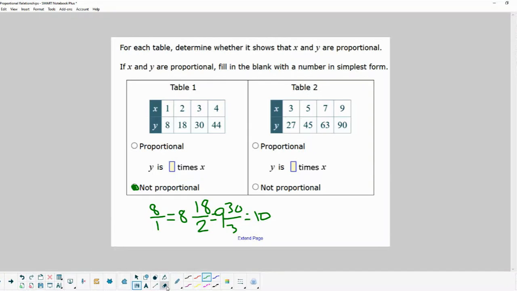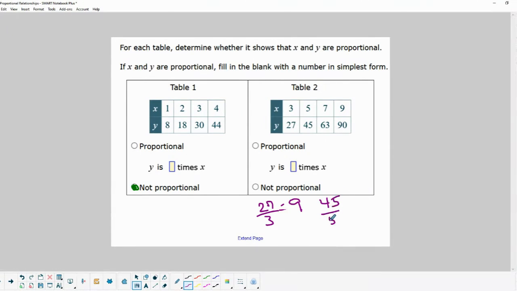All right, let's take a look at this next one then. Get rid of some of that ink to get a little extra room here. So we're going to do y over x, so 27 over 3. That equals 9. Then 45 over 5, and that also equals 9.